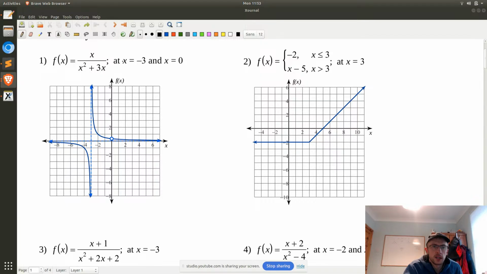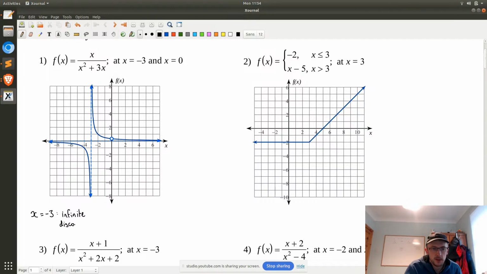At x equals -3, just simply substituting in -3, we obtain 9 take 9, which is 0 on the denominator. And it clearly refers to this portion of the graph here. So I would say that for x equals -3, this is an infinite discontinuity.